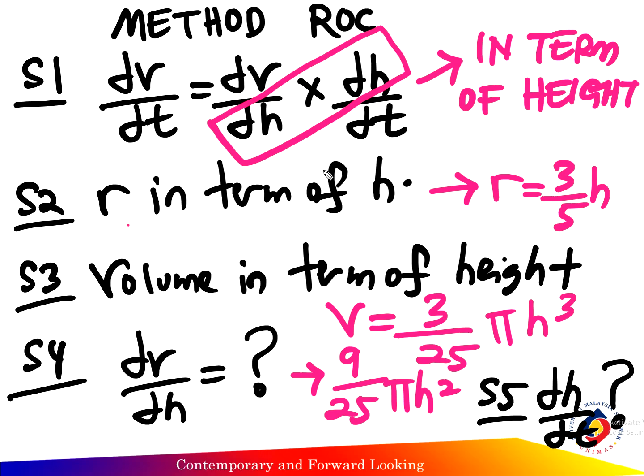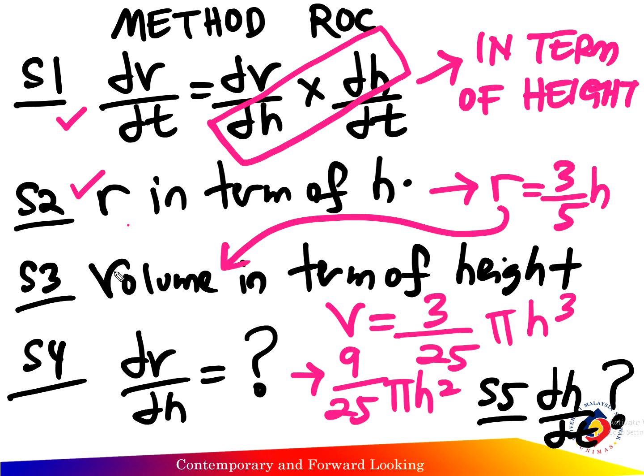And step 3, write down the volume in terms of the height. Volume of the inverted cone is 1 over 3 pi r squared times h. And you substitute this radius, 3 over 5 times h, into the volume of the inverted cone here. And write down the volume in terms of height, 3 over 25 pi h cubed.